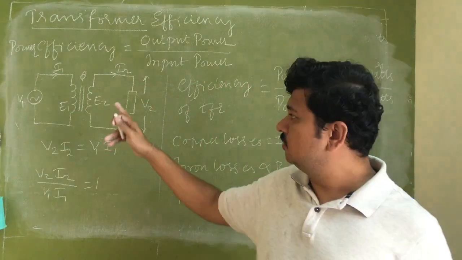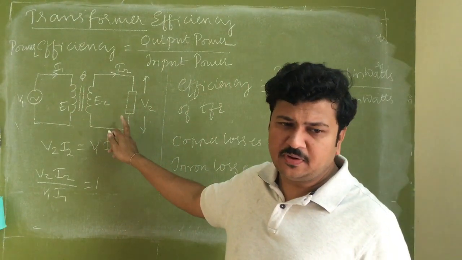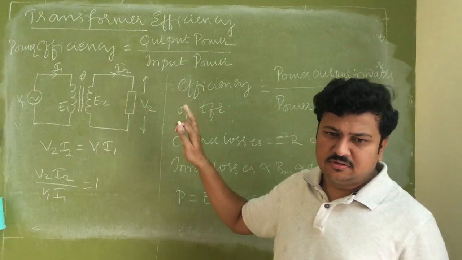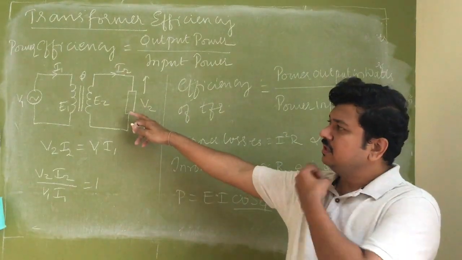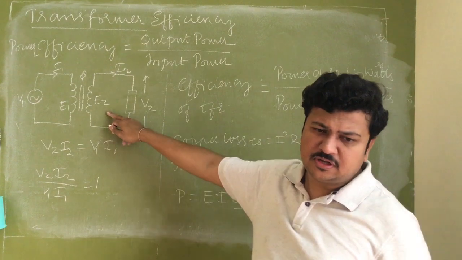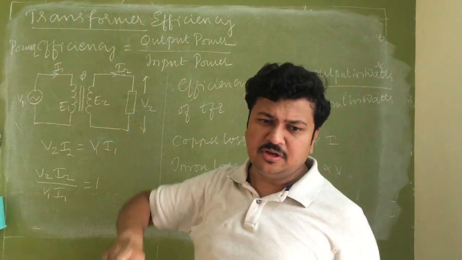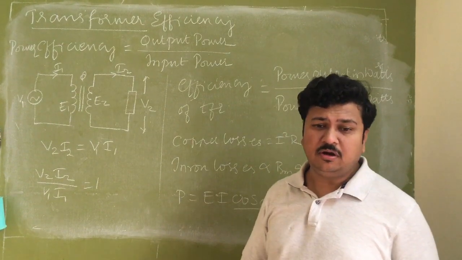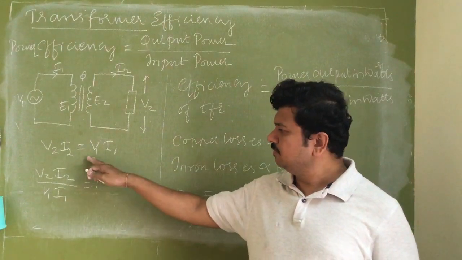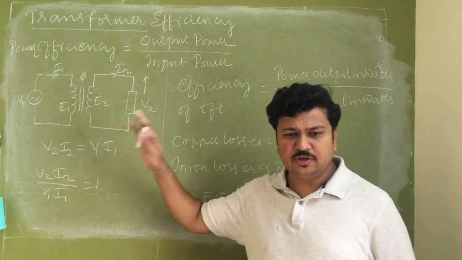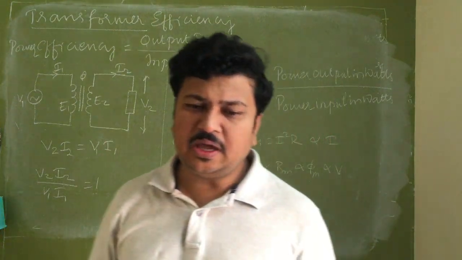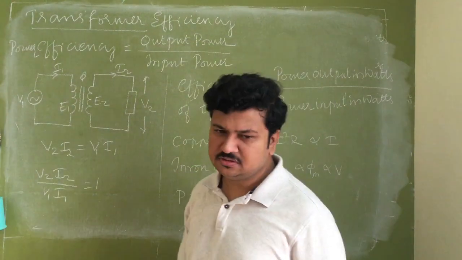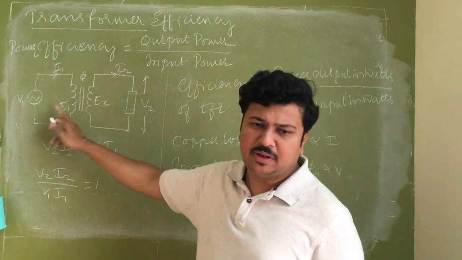I cannot define it as 1 also. I can't take power factor equal to 1. Because I am rating the power rating of the transformer in volt amperes, it doesn't mean the operating power factor is 1. I am simply not defining it. I am defining the power rating of the transformer in terms of the total power, VI, or volt amperes, because it has to remain constant from primary to secondary.